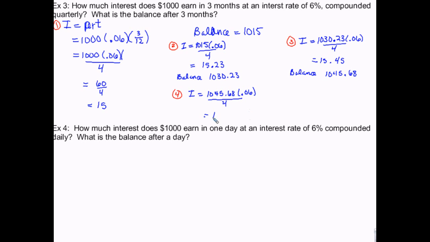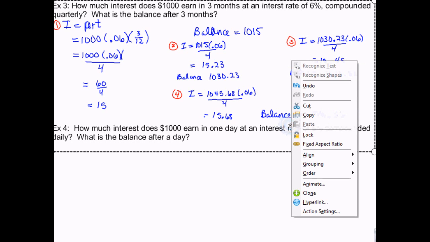And that's 15.68. So your balance at the end of 1 year on this would be 1061.36 as opposed to 1060.90.